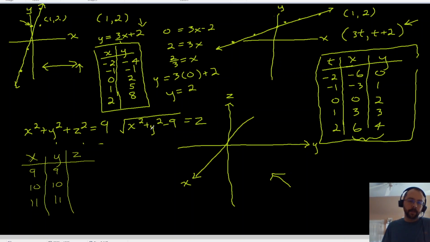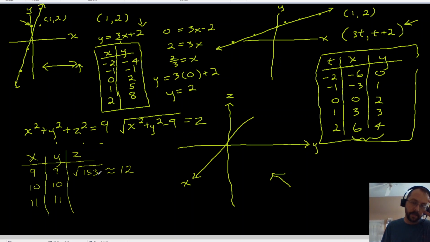So we have 81 plus 81 minus 9. Let's see, 162 minus 9 should be, what is it, 153? I think it's not going to matter a whole lot, because I can't do the square root in my head anyway, but square root of 153, can I approximate that? So 12 is 144, so it's going to be a little bit bigger than 12.